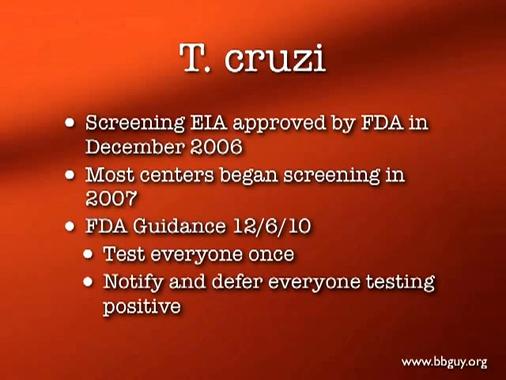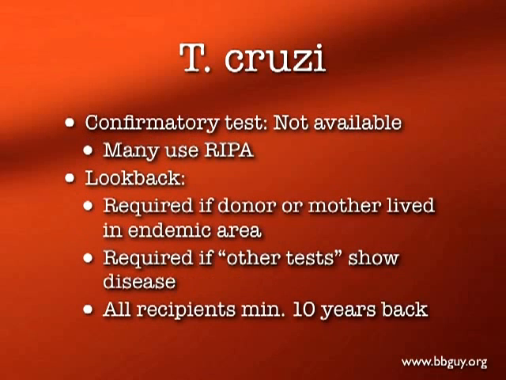If someone does test positive, you're required to notify that individual, defer them permanently, because there's no confirmatory test that the FDA has given us approval for yet, and you may have to do look back. More on that right here. The look back basically is required if the donor or the mom lived in an endemic area.